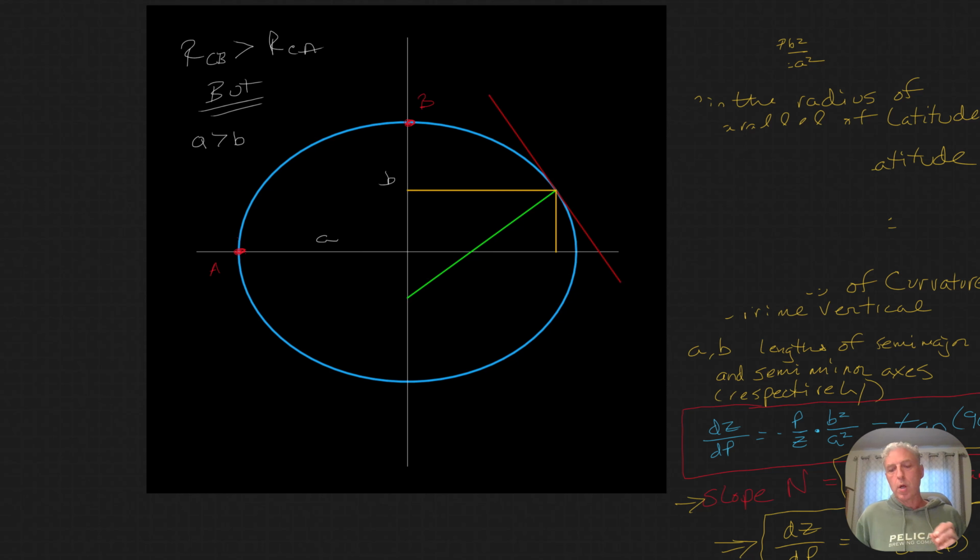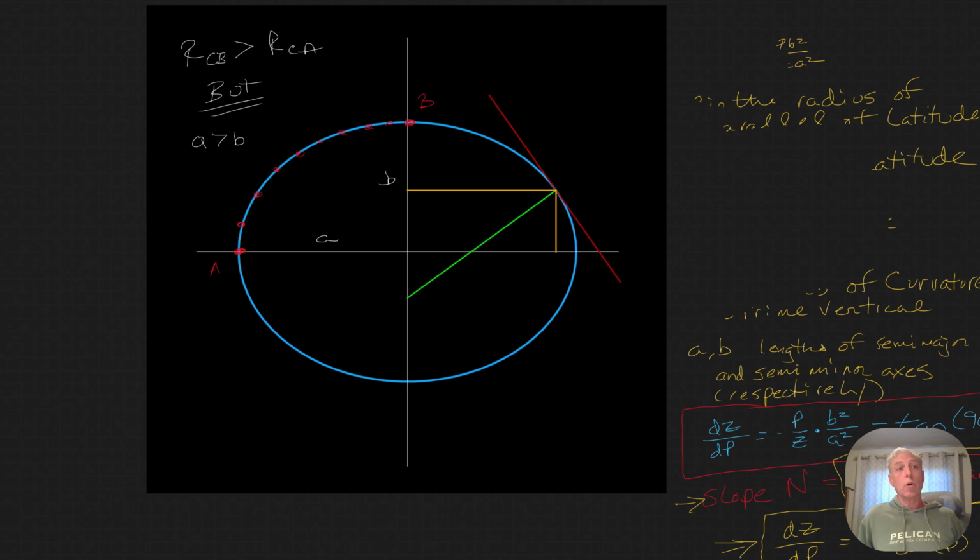So just remember that the magnitude of a radius of curvature is dependent upon the curviness, for lack of a better word, or the dynamic of the curve for which it's a radius. Also important to note that every point along the ellipse, so if I'm just looking at quadrant 4 here, has a different radius of curvature, right?